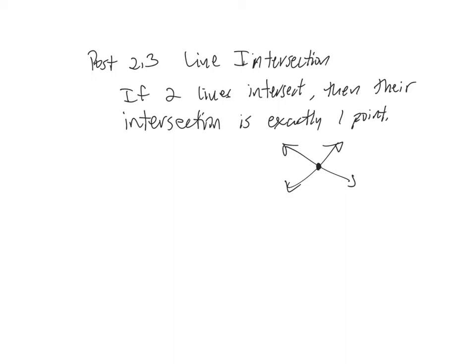All right. So 2.4 and 2.5 go together, so that's why I did a separate thing. This one's the 3-point postulate.